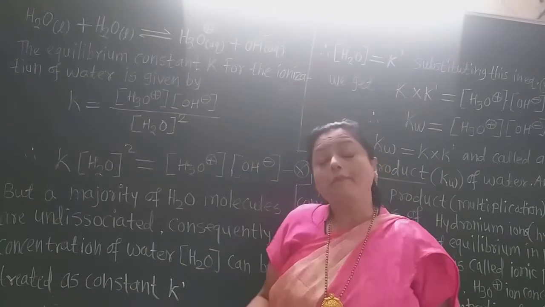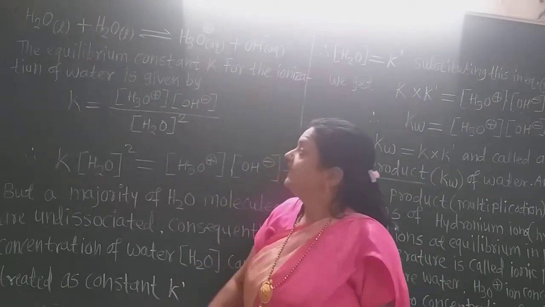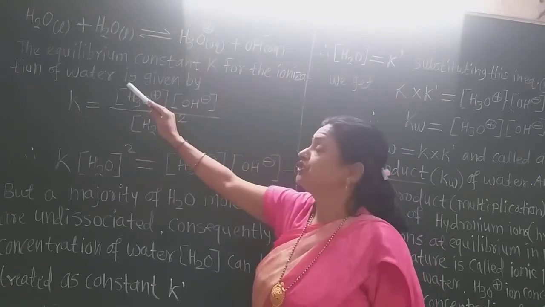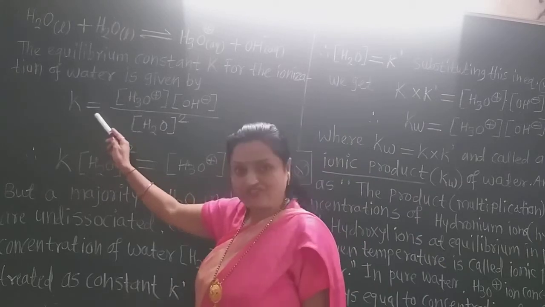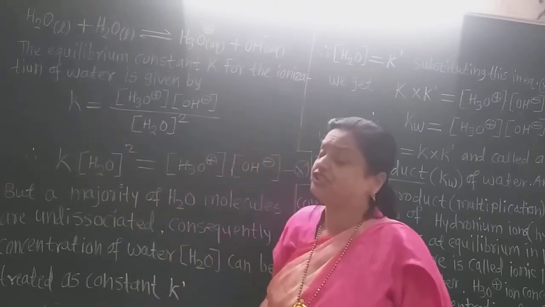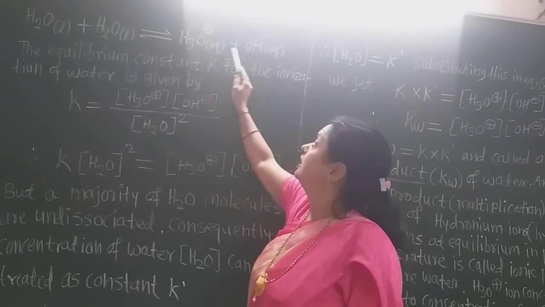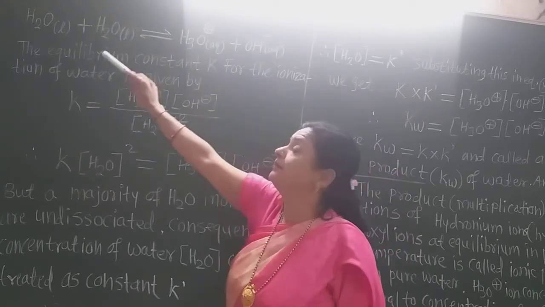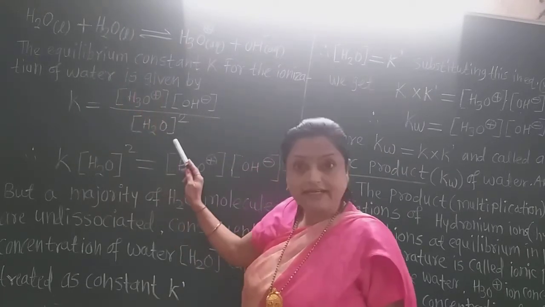Now if we apply the law of mass action to this equilibrium, then the equilibrium constant K for the ionization of water is given as, now this K is equal to, we know the law of mass action, that is the product of the concentrations of the products divided by the product of the concentrations of the reactants.